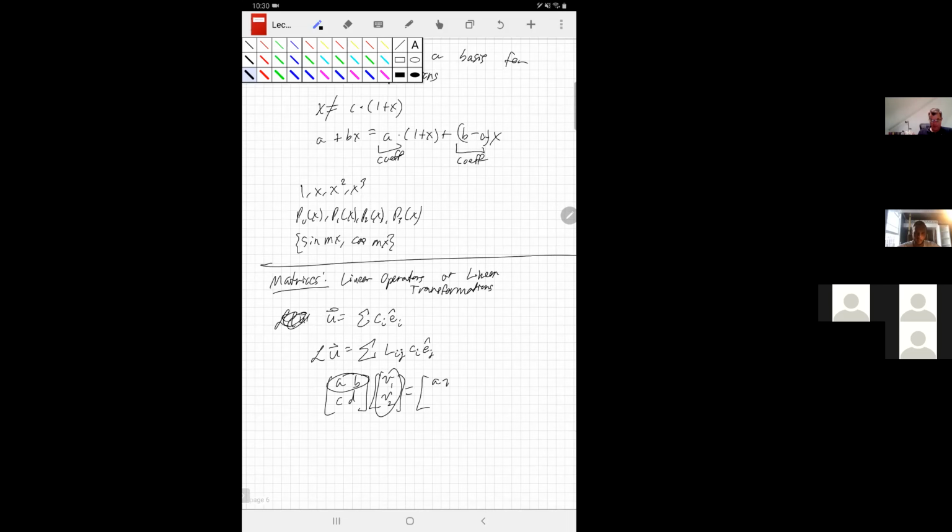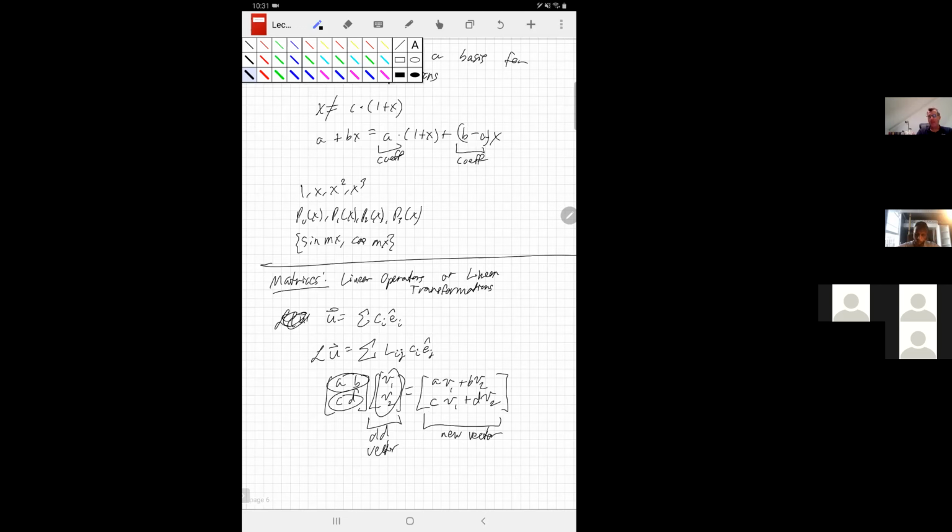So I get A V1 plus B V2, and then row dot column C V1 plus D V2. All right, and so I started with an old vector, and I get a new vector. And the elements of the new vector are mixes of elements of the old vector.